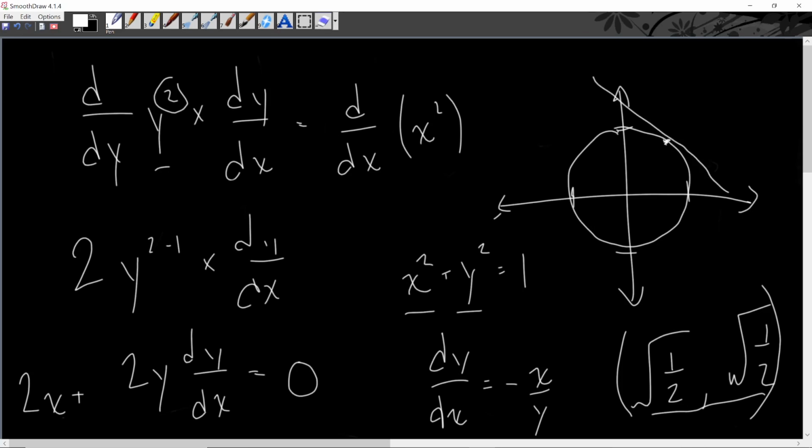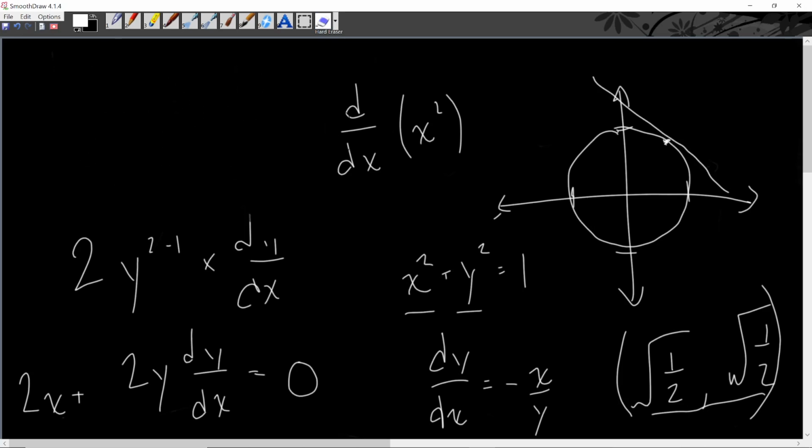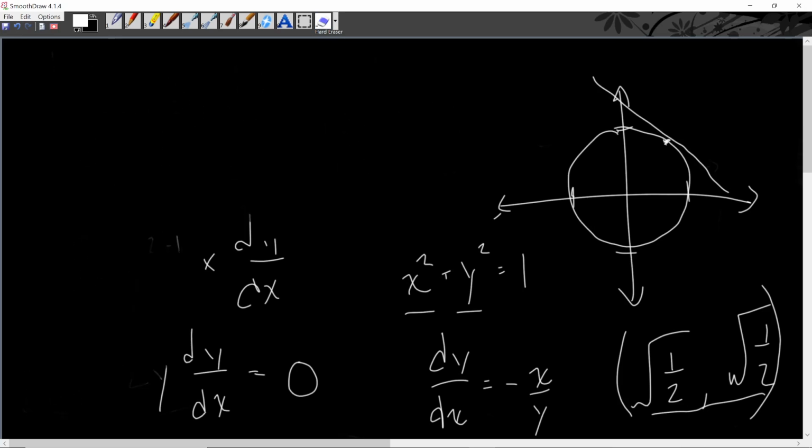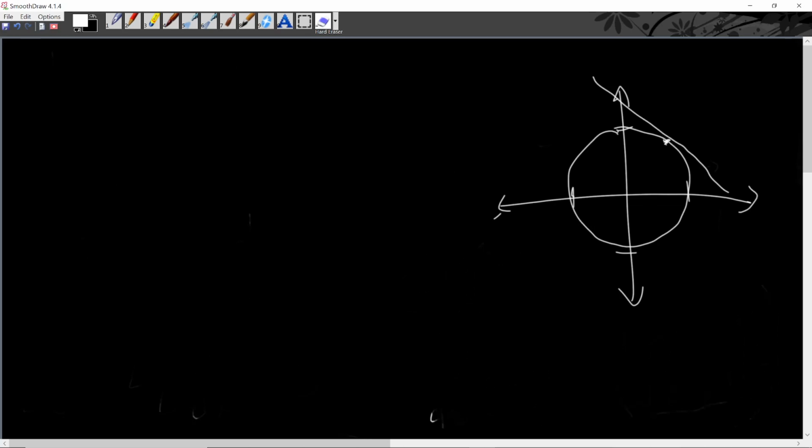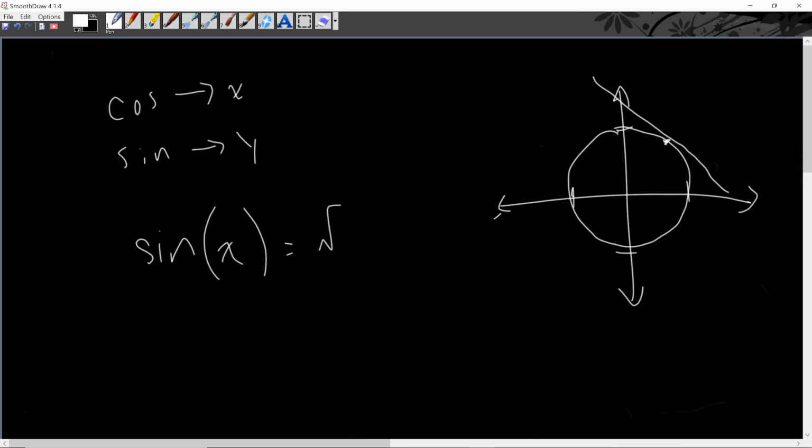Now, you might have heard about how this corresponds to x equals, well, even then, you don't need to know too much trigonometry, but cosine corresponds to x, and then sine corresponds to y, not sine of y, even though we will talk about that in a little bit, I imagine, but sine y. And then from there, if sine of x were to equal root 2 over 2, that would be x equals pi over 4.